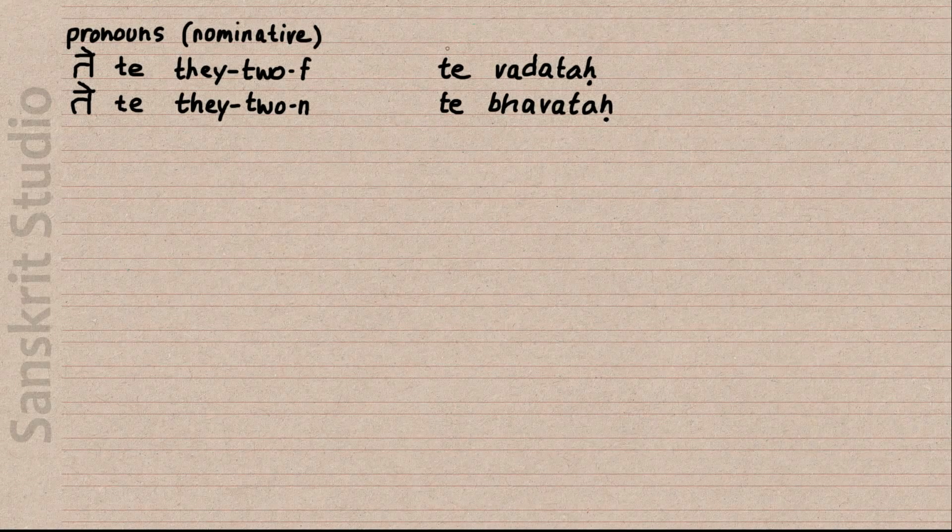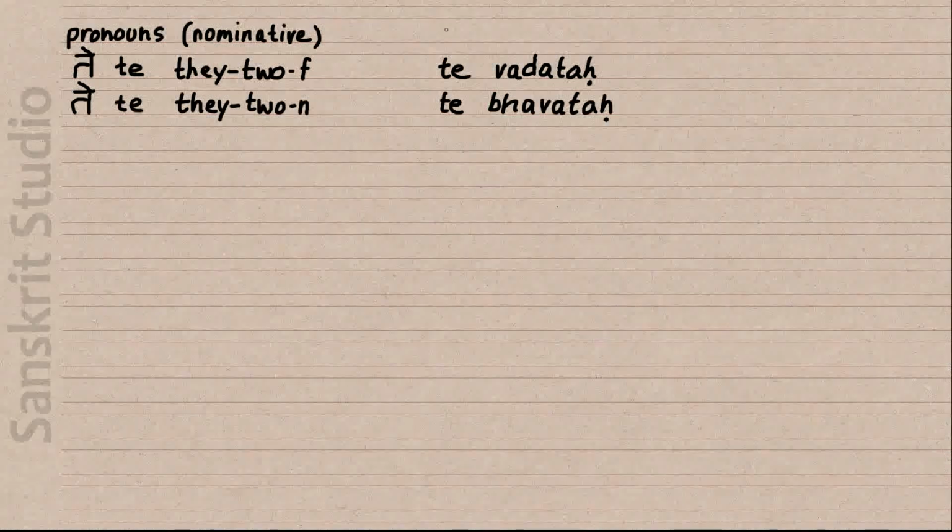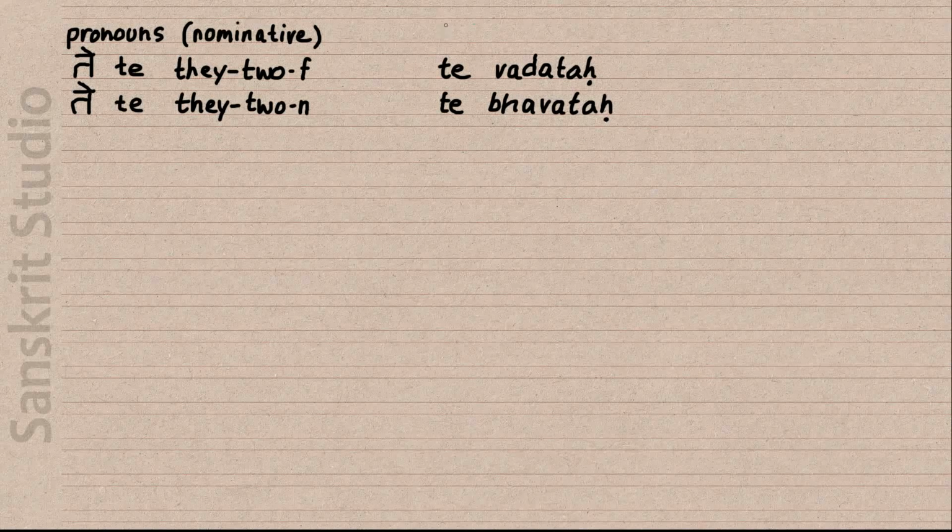And then of course, like we remember now from the previous lesson here, the masculine variant of the pronoun is tau, and the ending here is of course the same as in the other cases.